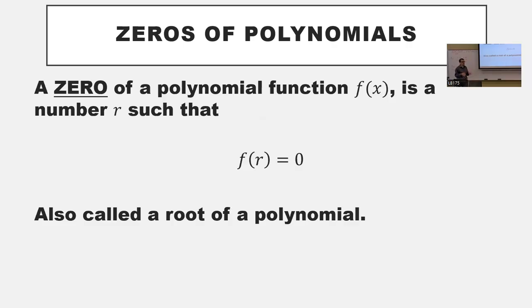So we already know that a zero of a polynomial function is a number that I plug in and I get out 0. We've talked about that. We've talked about the fact that these correspond to the x-intercepts when the 0 is a real number. If you ever hear the phrase root of a polynomial function, that means the same thing too.